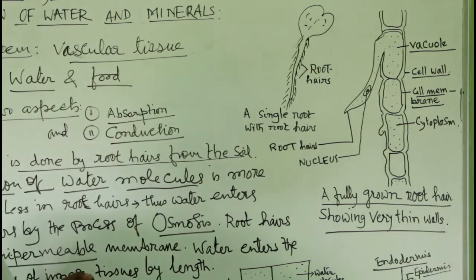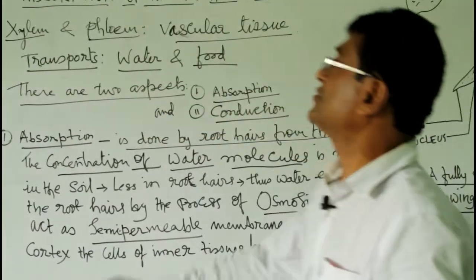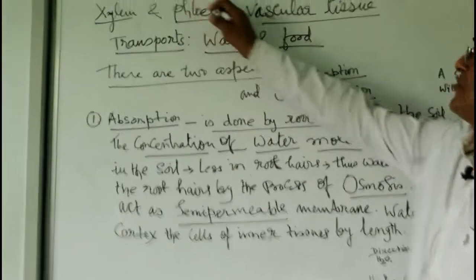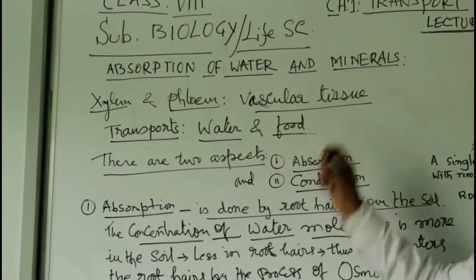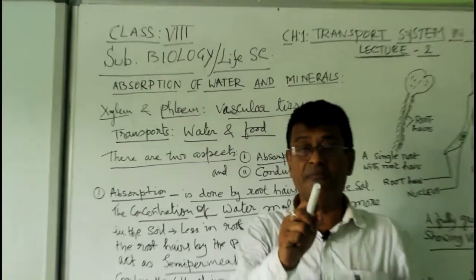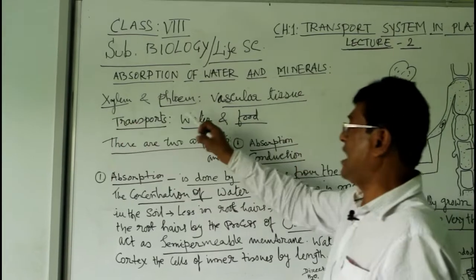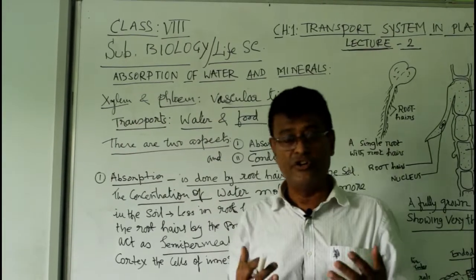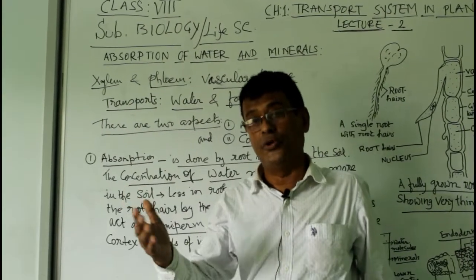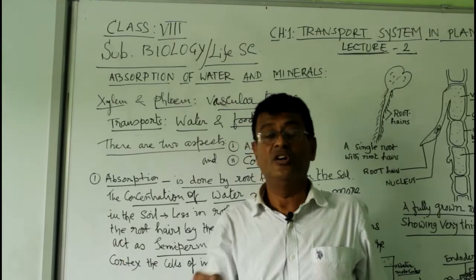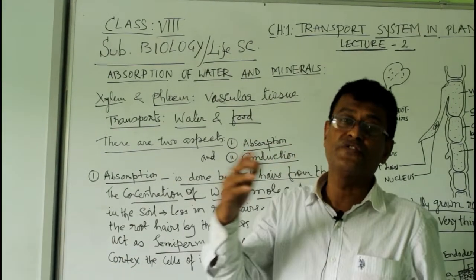Let us see here at first. Absorption of water and minerals is actually done by two kinds of cells: the xylem and the phloem. My dear children, you have already come to know in the previous lecture what xylem and phloem are.